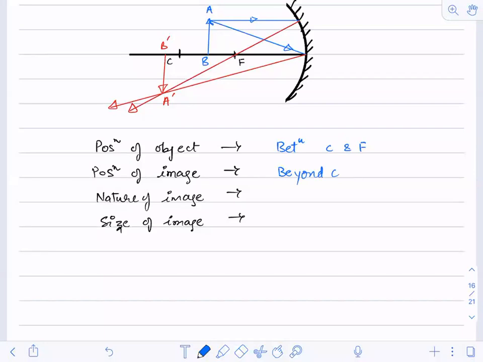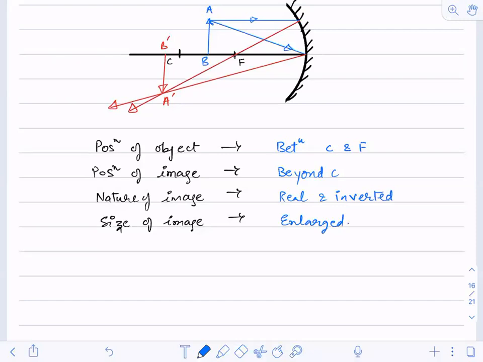Nature of the image. Is it real and inverted? Yes. What is the size? Is it of the same size, or diminished, or enlarged? Yes, it is actually enlarged.